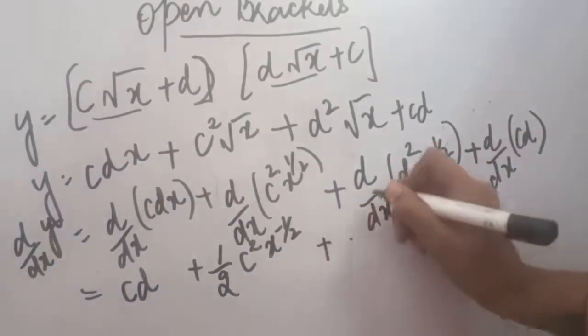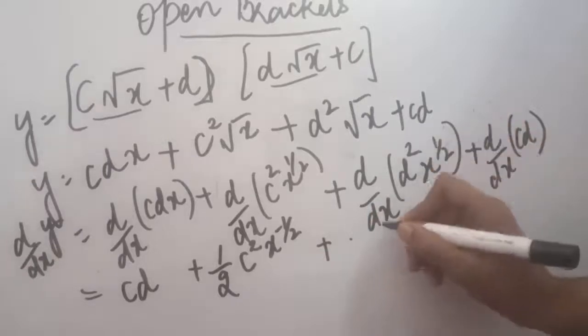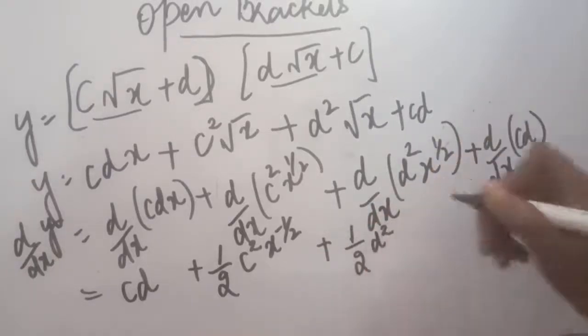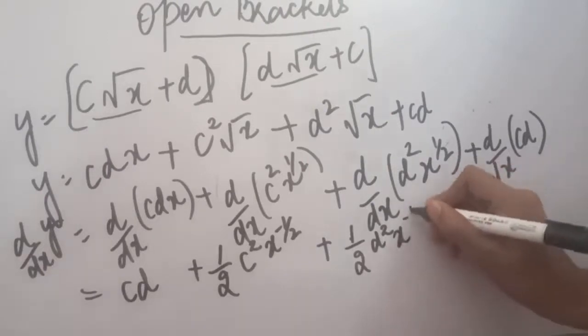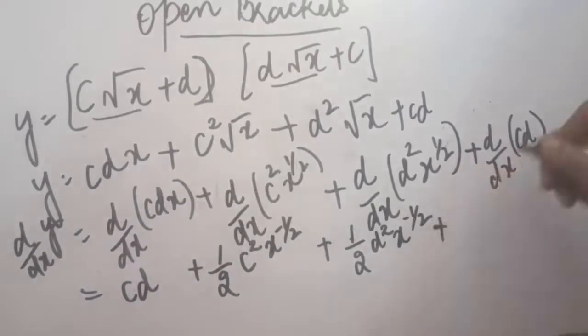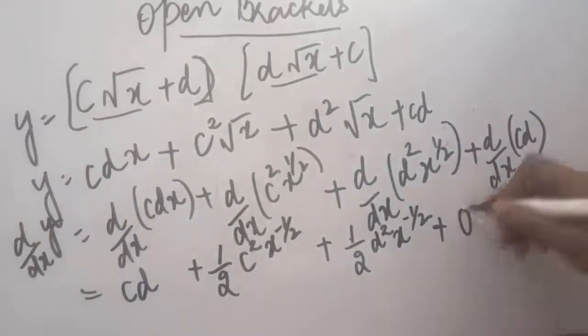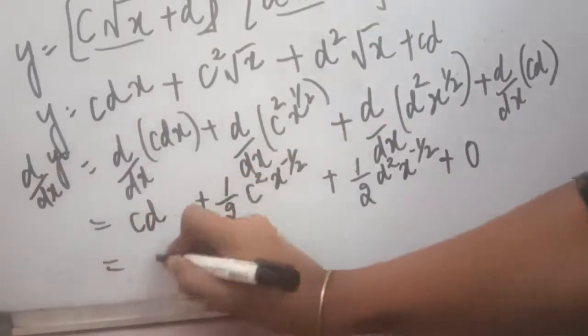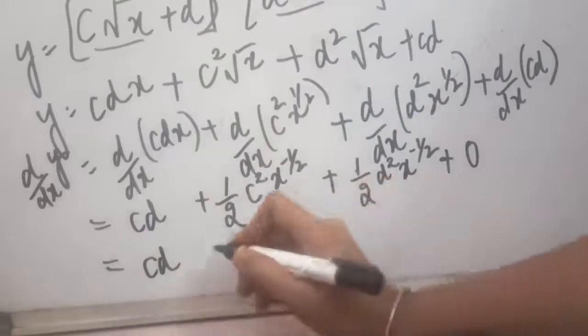Plus d upon dx, again this half will come forward, d square will be at its own place, and x power will be minus half because half minus 1 is minus half. And last cd, there is no x, so it is a constant, so the derivative of a constant is equal to 0. Moving ahead, in the last step this cd will be cd only here.